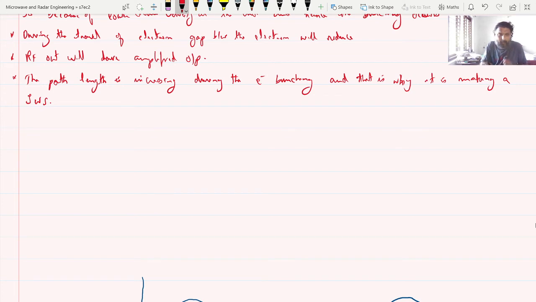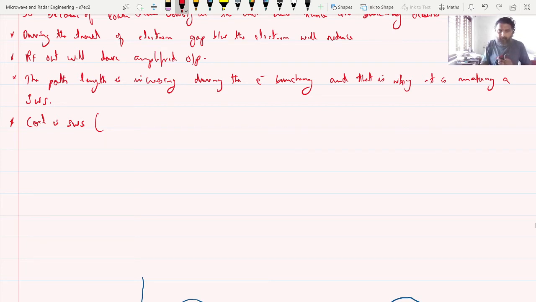So I will write, coil is a slow wave structure. What I told you, the coil is nothing but slow wave structure. Why is the coil a slow wave structure? Because the path length increases.